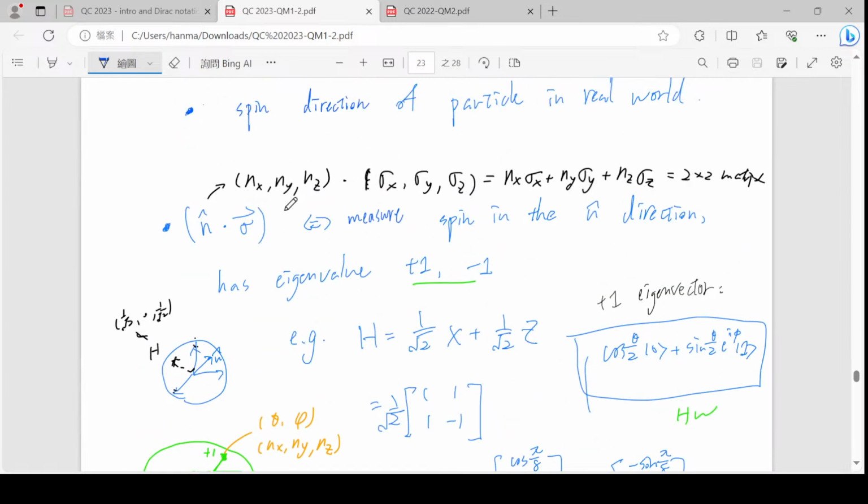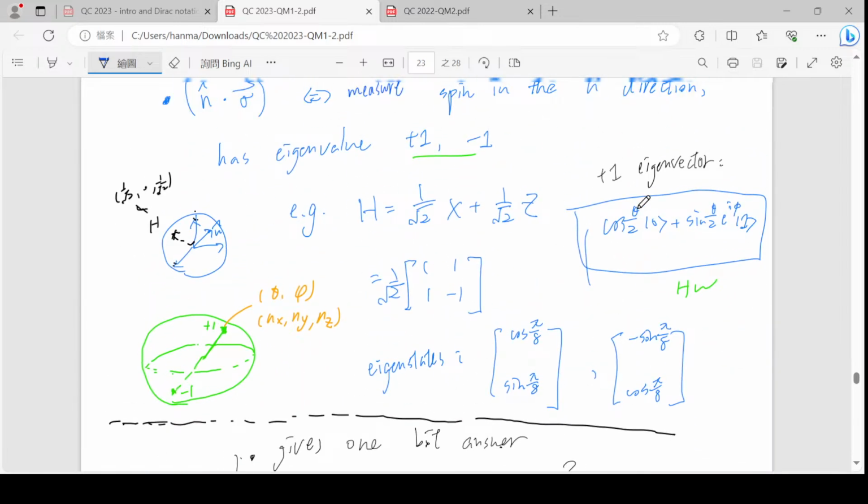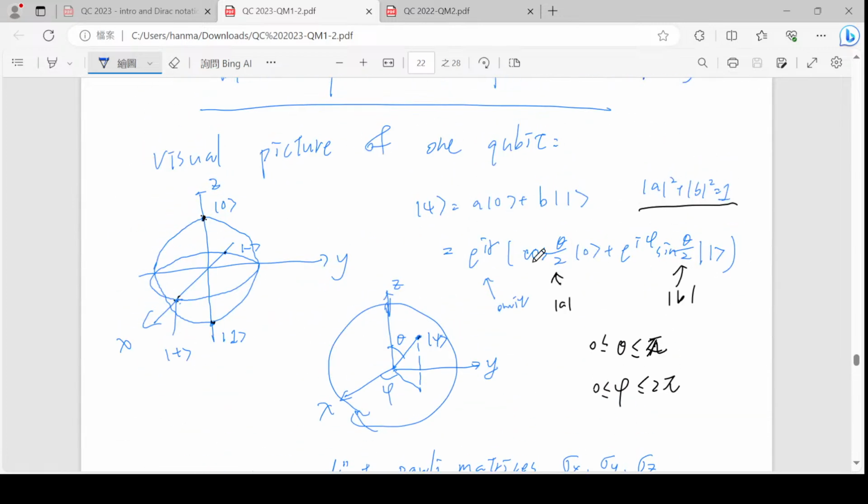The Paulis we write in this Cartesian coordinate x, y, z, and the state is in theta, phi. It just happens to be easier to write this way. But you can check this theta, phi notation is consistent with the x, y, z we think about.